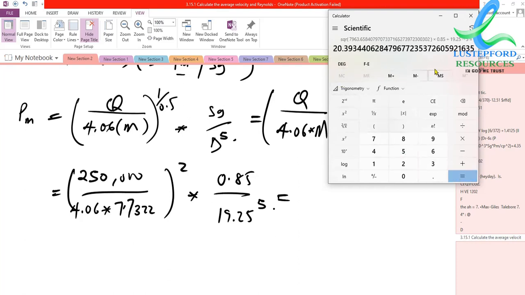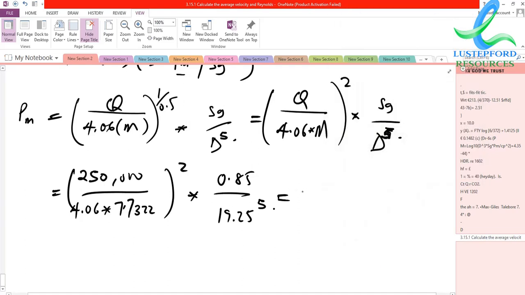So I have 20.39. So what we'll have is 20.39 psi per mile.